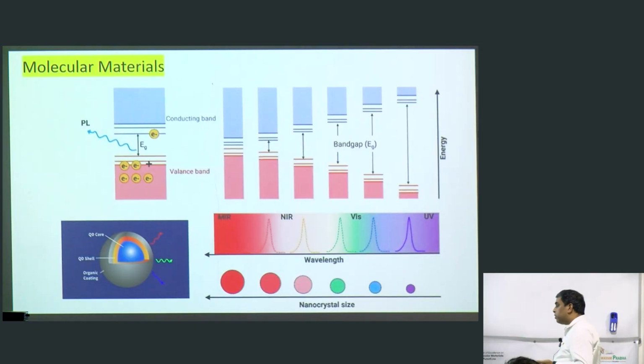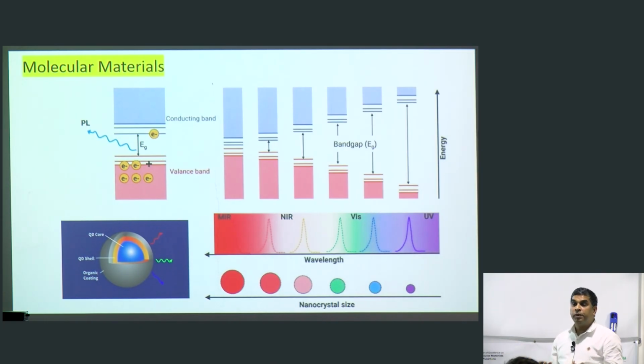As was also discussed in the morning, and I hope everybody knows, with these molecular materials, as the size changes and if it follows quantum confinement within the 10 nanometer size, starting from, let us say, 0.5 nanometer, it tunes its band gap, and then you have different types of transitions from the UV to the IR or even further IR range.